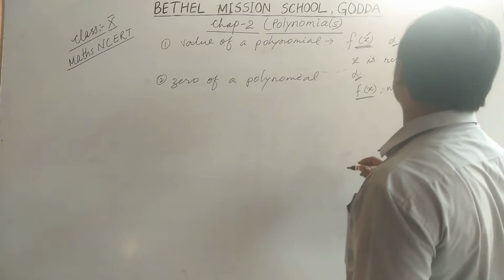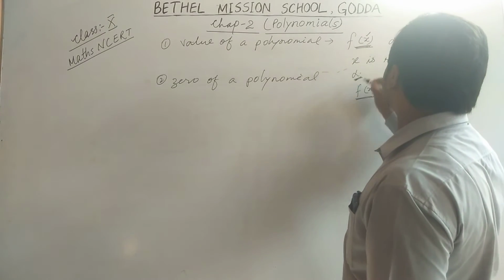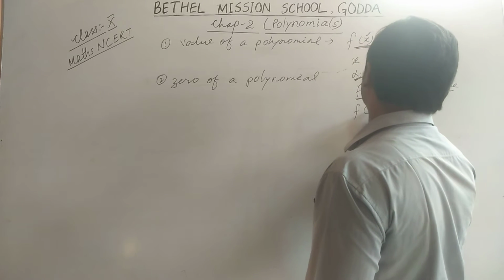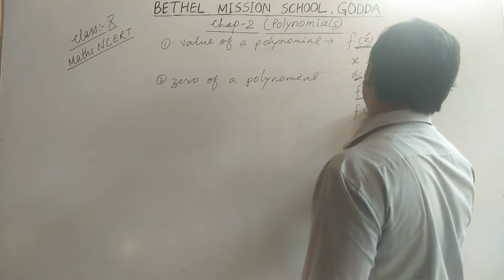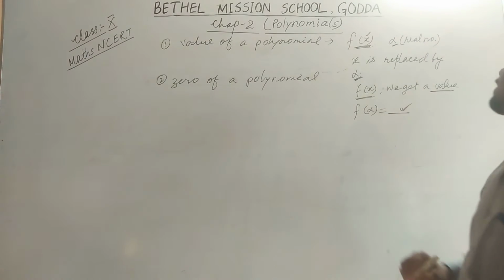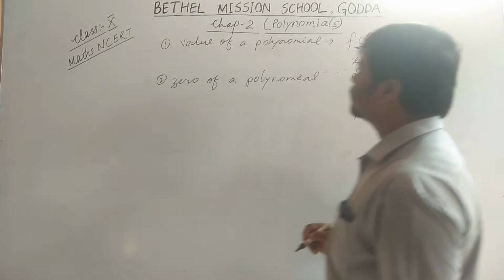So that's why it is called the value of a polynomial. Means f(alpha) equal to something will come. So this value is called the value of a polynomial.